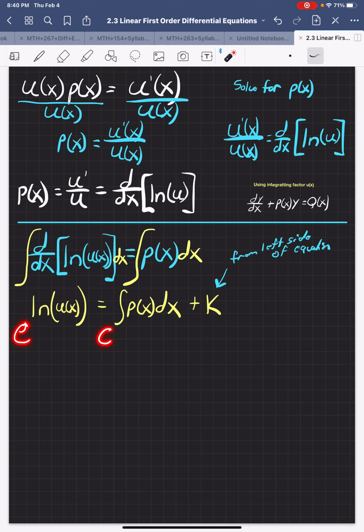So you can think of this as e to the power of. Okay? So we're going to exponentiate the left side, and we're going to exponentiate the right side. Well, e to the ln, that leaves us with just u of x.